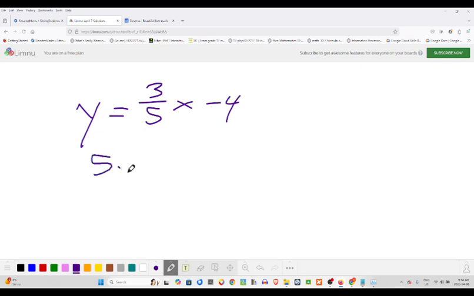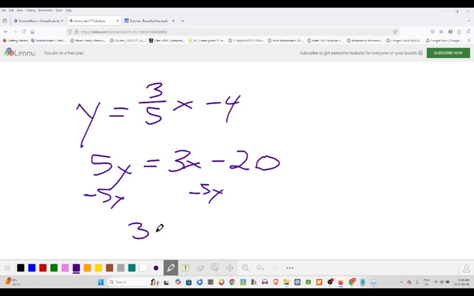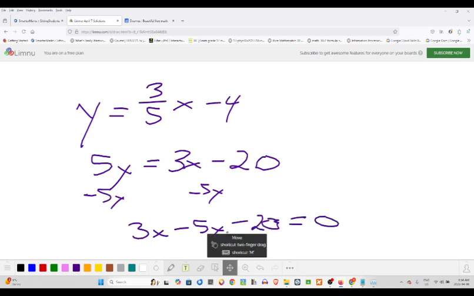Multiply everything by 5. We need a constant or a positive coefficient of x. So we can subtract the 5y from both sides. There are no y terms to combine with. So we have 3x minus 5y minus 20 equals 0.